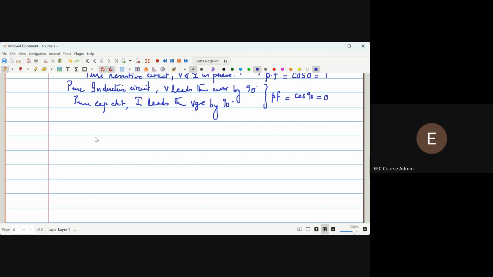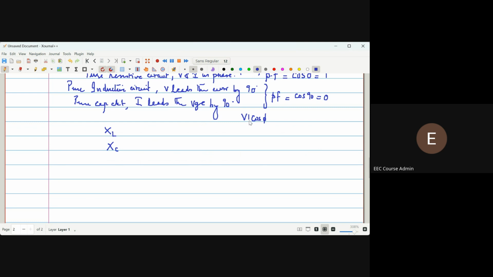Ma'am, why do we call it power factor? Because we have this factor, Vi cos phi. With cos phi being 1, we get it as simply Vi for a resistive circuit.